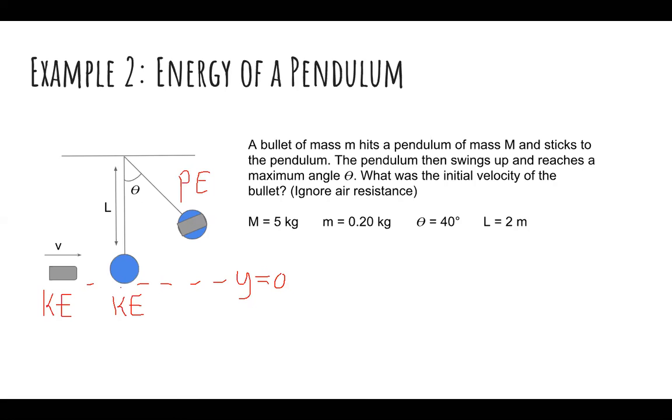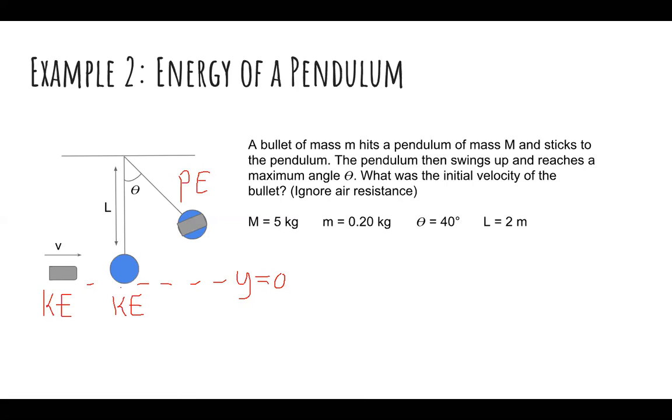Now, going back to the kinetic energy of the bullet and the kinetic energy of the pendulum, do you think that all of the kinetic energy of the bullet is transferred into the pendulum at its initial point? You're asking if all of the kinetic energy is transferred right when it hits the pendulum? Yes, exactly.